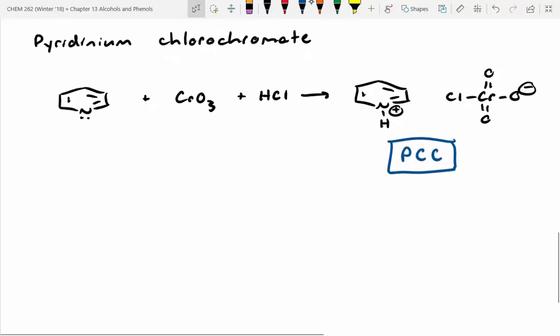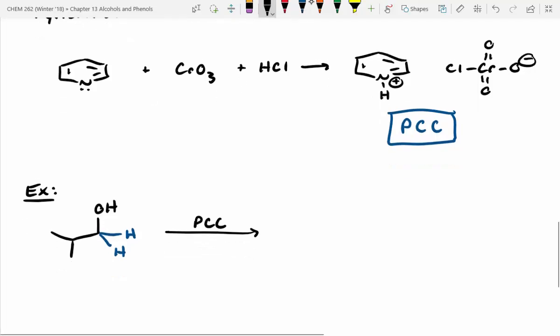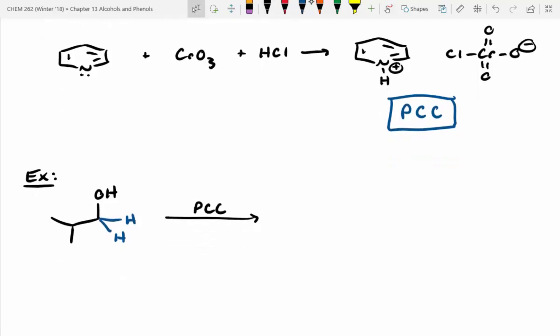Let's take a look at this and say, all right, if it's a gentle oxidizer, and I've got this alcohol, and I react this with PCC, the pyridinium chlorochromate that I just showed you, what do you think we'll get? The aldehyde, right? We're only going to remove one of those blue hydrogens.